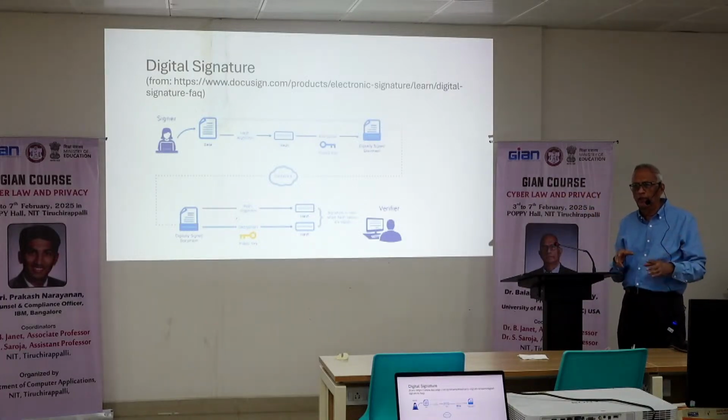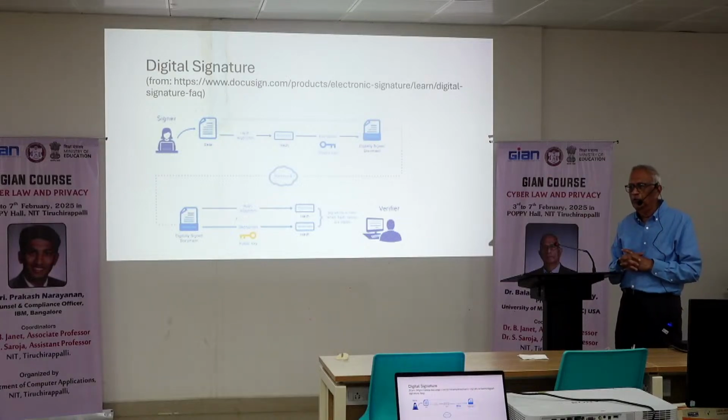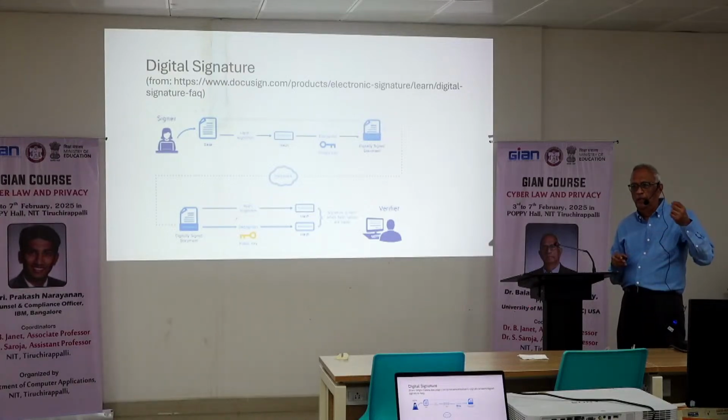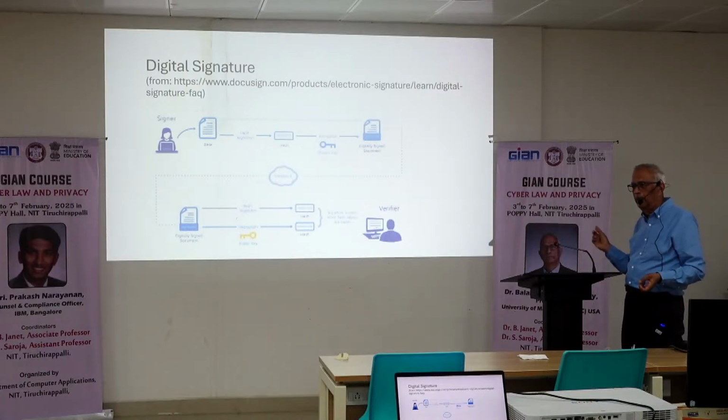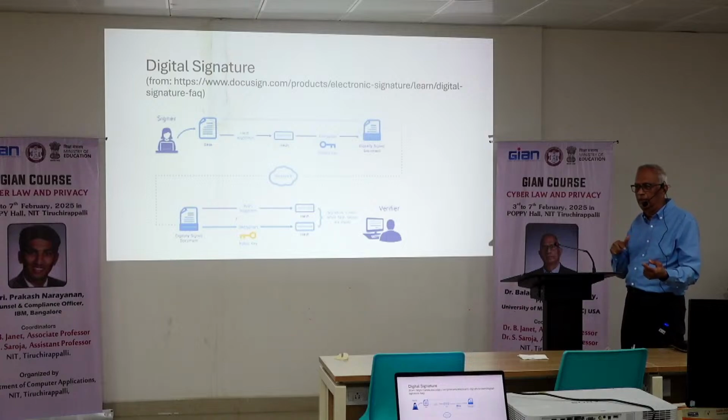In cryptography, the kind that is used here is called public key cryptography. Again, I don't want to go into a lot of detail. There are two keys in public key cryptography for every person. The private key, only the person who has it can use it, and no one else knows it. Then there is a public key. When somebody signs or encrypts with the private key, the other person can decrypt it to get the original document, and also vice versa.